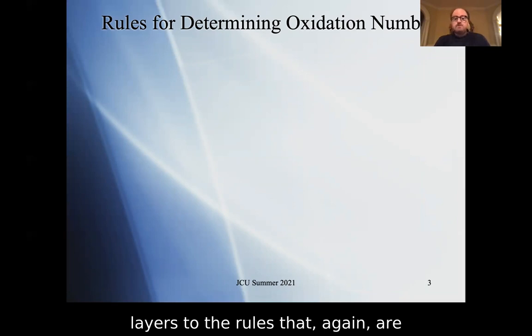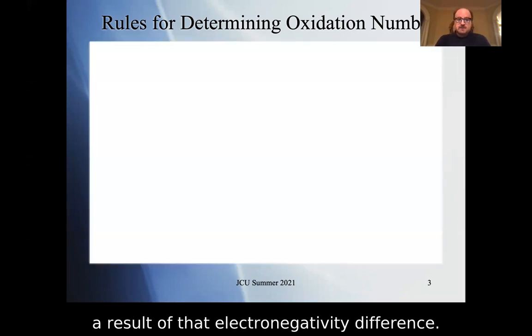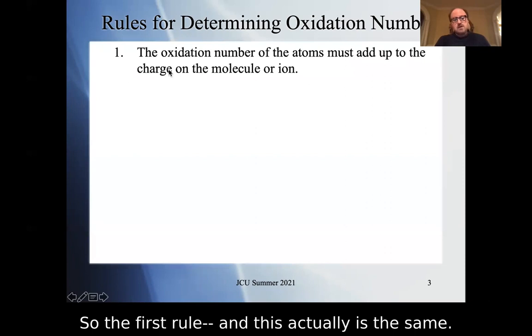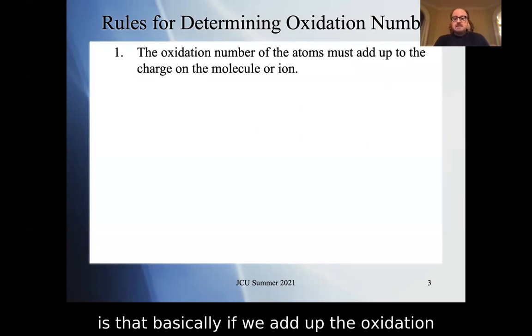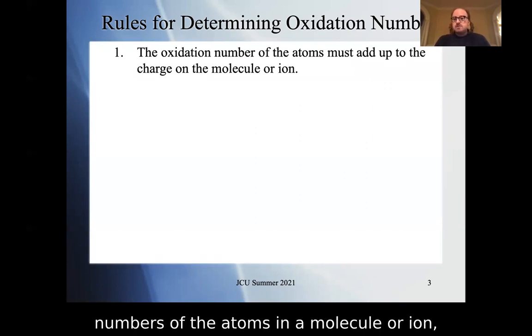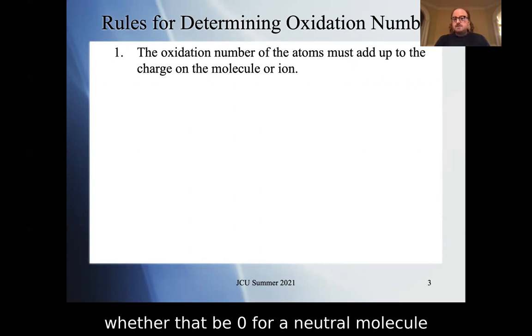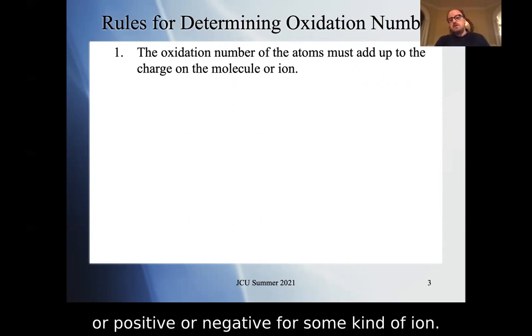The first rule, which is also true for formal charge, is that if we add up the oxidation numbers of the atoms in a molecule or ion, we have to get to the overall charge, whether that be 0 for a neutral molecule or positive or negative for some kind of ion.